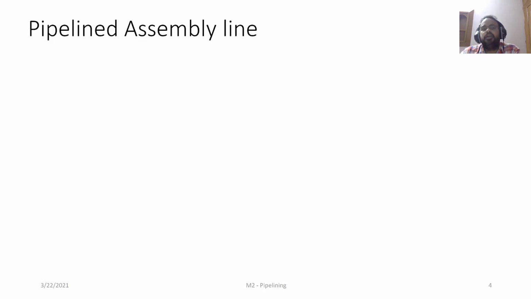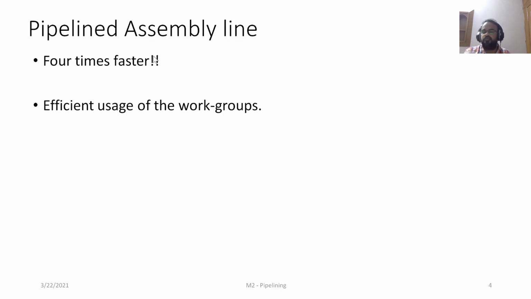Now let's look at the pipeline assembly line. We already know, from the unpipelined or non-pipelined version of the assembly line to the pipelined version, we are able to improve the throughput by 4 times, basically because we split into 4 different parts.